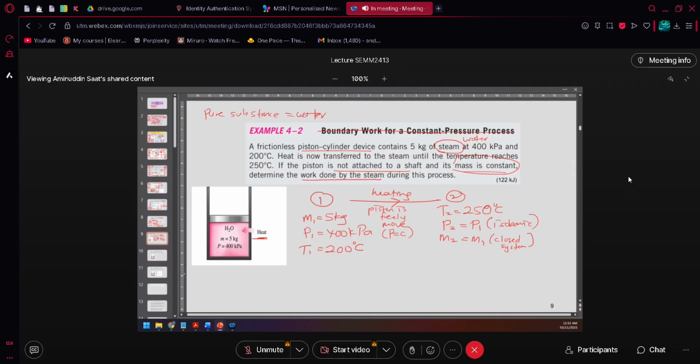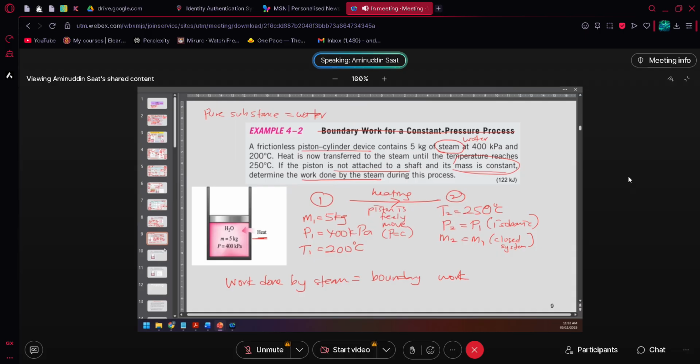The work done by the steam is only due to the boundary work. When you heat the steam, it becomes energetic, there is a lot of energy inside, and it tries to expand.